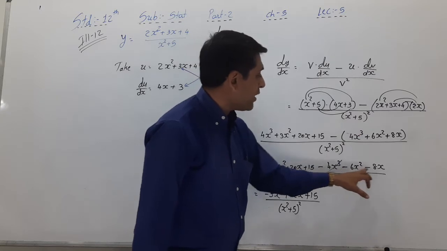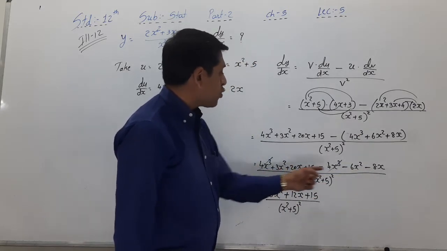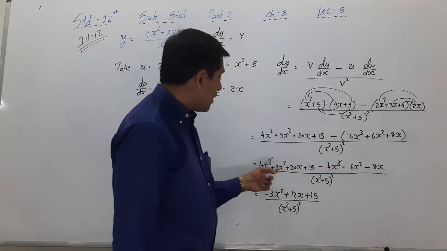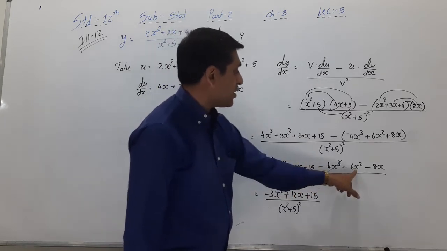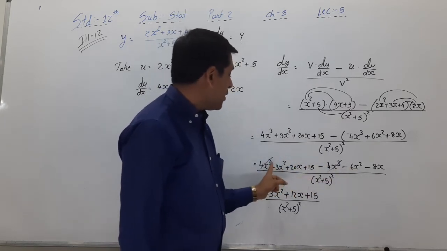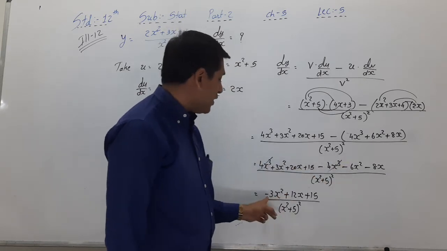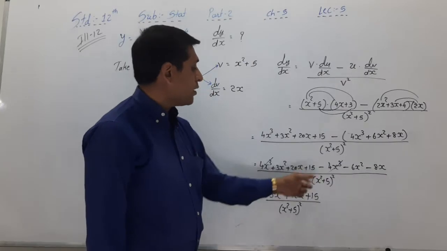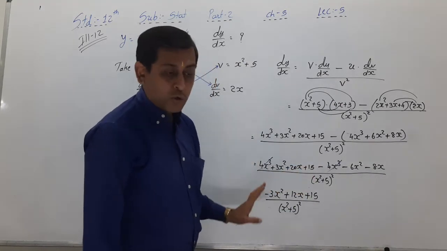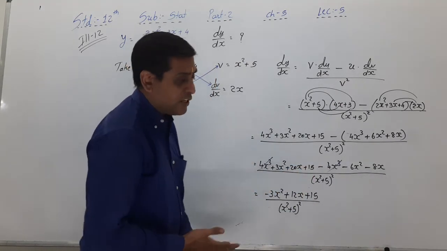Now 4x cube cancels, 3x square is plus minus so it cancels, 3x square and 6x square gives minus 3x square, plus 20 minus 8 is plus 12x, and plus 15.